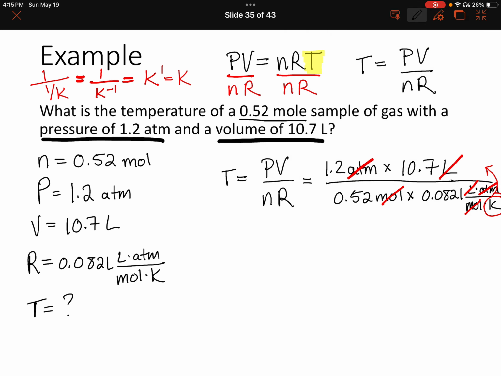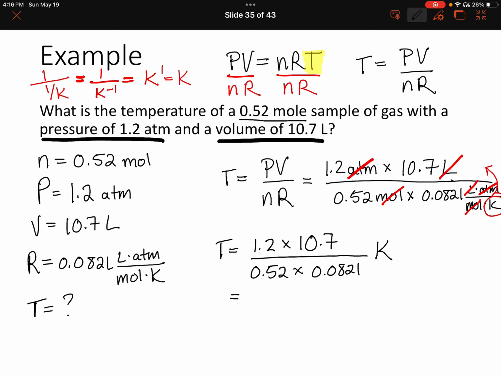Okay, so in our calculator, we're going to plug in 1.2 times 10.7 and then divide that by 0.52 times 0.0821. And we just figured out that our final unit is Kelvin. And that makes sense because we're solving for temperature.